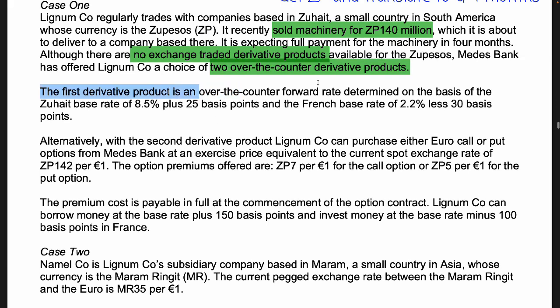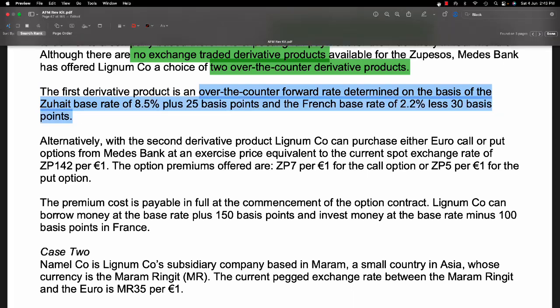The first derivative is an over-the-counter forward. The forward rate is determined on the basis of a base rate of 8.5% plus 25 basis points and the French base rate. So they give you the interest rate information, which means you must calculate the forward based on the interest rate formulas. You should have thought about that. Did you think about it? You need to use the base rate calculations.